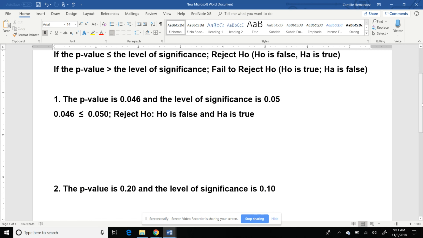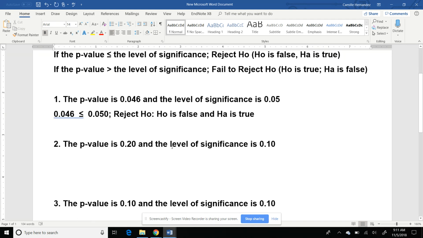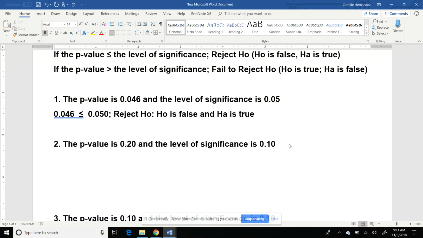Okay, let's look at a different example. I'm going to bring this one up so you can see it with the other ones because it might be good to compare. So here I have a p-value of 0.20, and a level of significance of 0.10. This 0.20 is greater than this 0.10. So I'm going to take this greater than symbol and use it. And when I'm doing real research, I write this down so I can go back and look at it if I ever have questions.